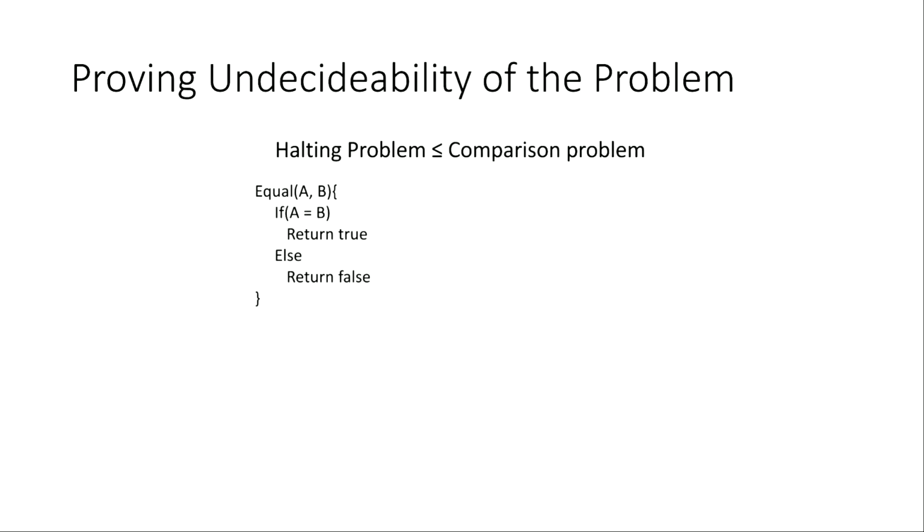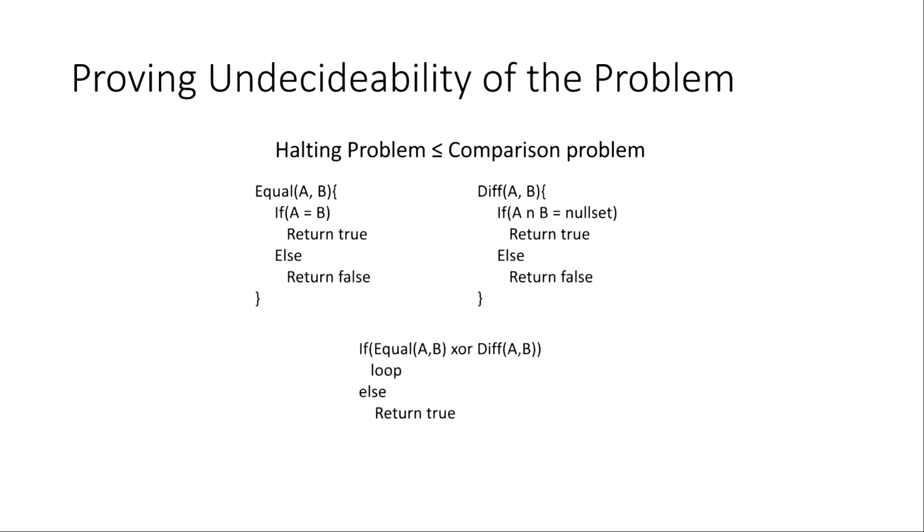And for my other function, if they are different, if it happens that the intersection of A and B is a null set, then it would return true. Now, if I were to arrange it so that if either one were true, it would go into a loop. Otherwise, if it's both or neither, then it would return true.